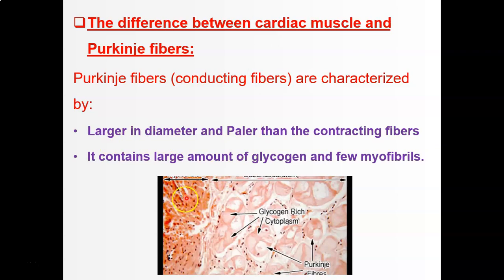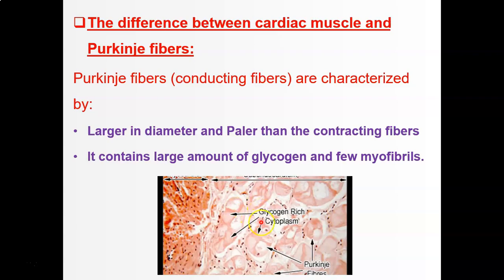Compare here between the cardiac muscle, small diameter, and conducting Purkinje fibers, larger in diameter. Paler than the contracting fibers. It is clear here that the Purkinje fibers are paler than usual cardiac muscle fibers.